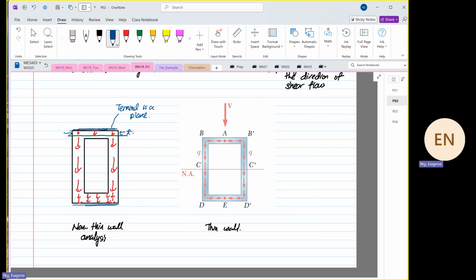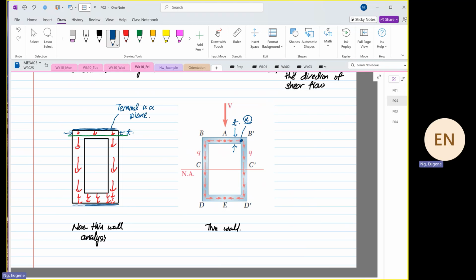The thickness is perpendicular to the shear flow. In thin wall analysis, if I want to find at a point down here, and this is our point alpha, the thickness is this. Can you see the difference now between thick wall and thin wall analysis?